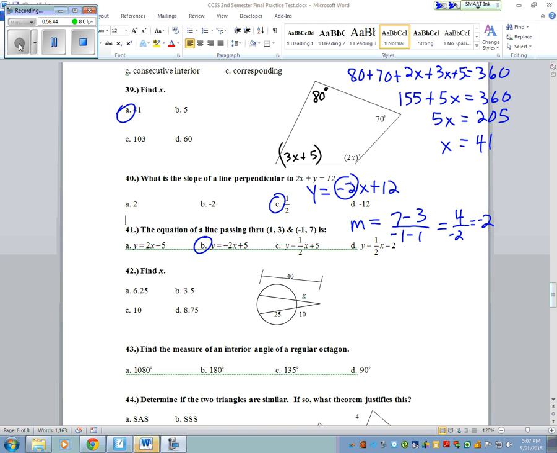42, let's see. This is on the most recent test. We've got a little theorem that says the outer segment, 10, times the whole thing, which would actually be 35, 10 plus 25, equals the outer segment of the other secant line, x, times the whole thing, which they are telling us is 40.